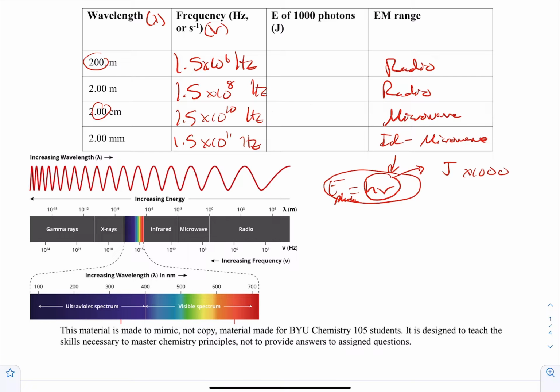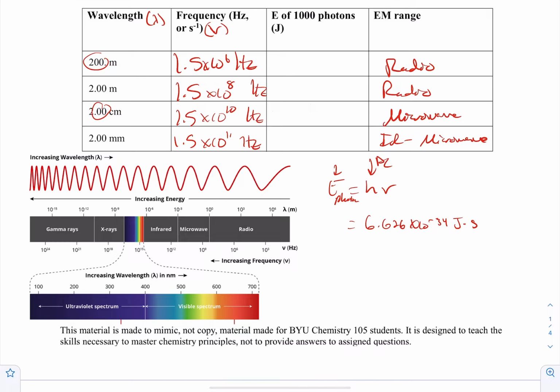All right, so h nu, what does that mean? E is energy, but h is what we call Planck's constant, and you'll find that on your equation sheet. It's equal to 6.62 times 10 to the negative 34, a really small number, joules times seconds, not joules per second. You'll see why we do that in a second.